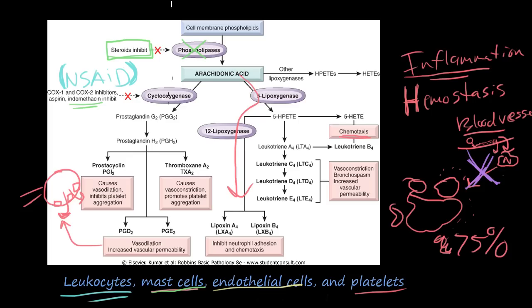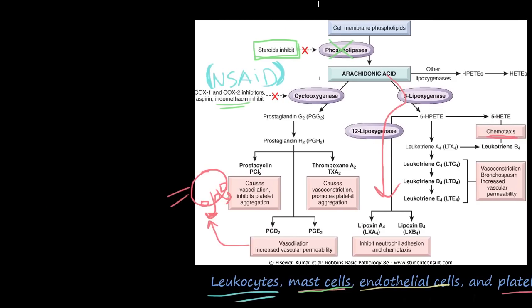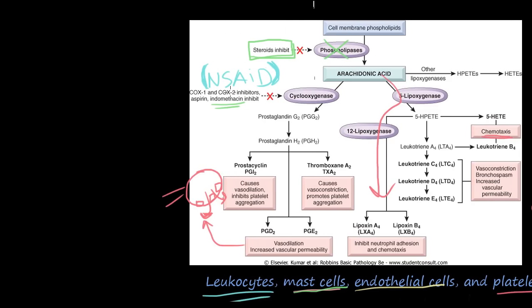Now there are two types, two enzymes. I'm going to go this way a little bit because I need to draw here. There's COX-1 and COX-2 of this cyclooxygenase. There are two versions, two flavors, if you will, of this enzyme.